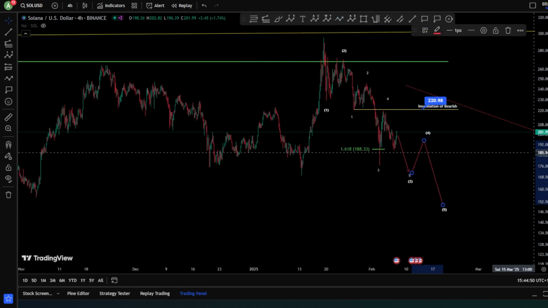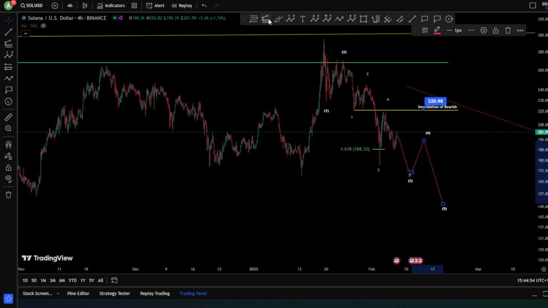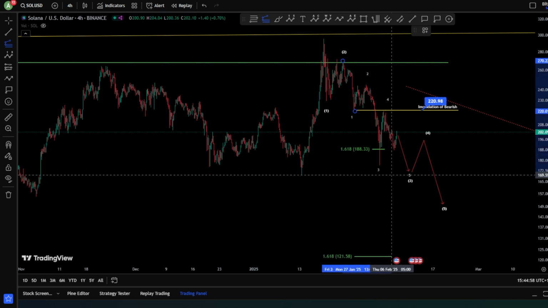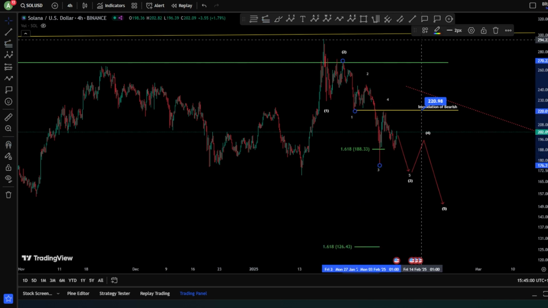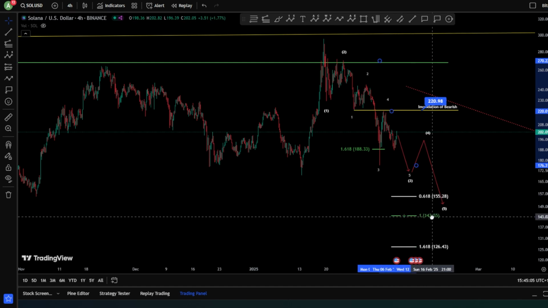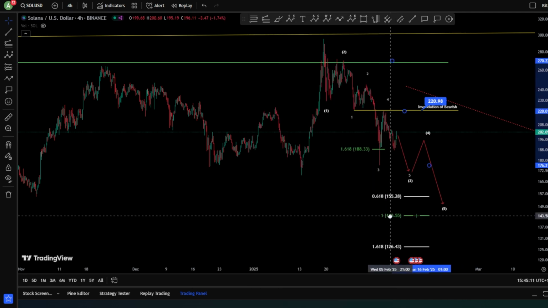Here we go. Now, step by step, your target for a wave 5. Let's see, if we take your wave 3 here and wave 5 over 1, it can be the most common target, the 1-to-1 fib level, which is 143.